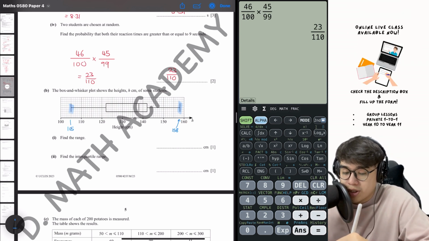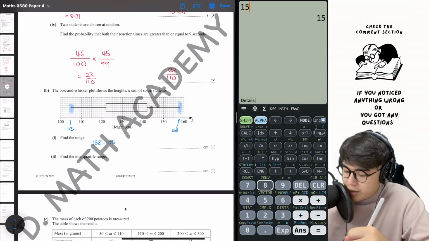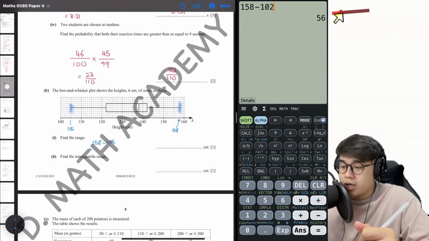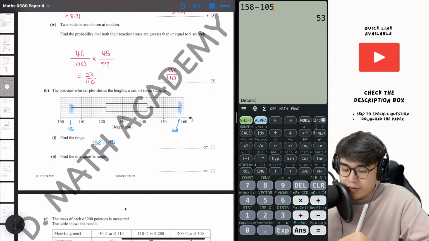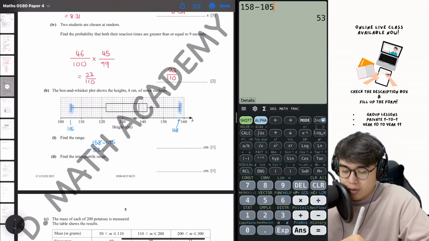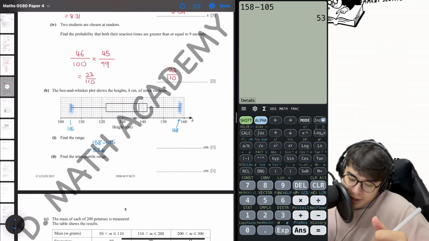So the range now, you'll be taking 158 minus 105. Your answer is 53.